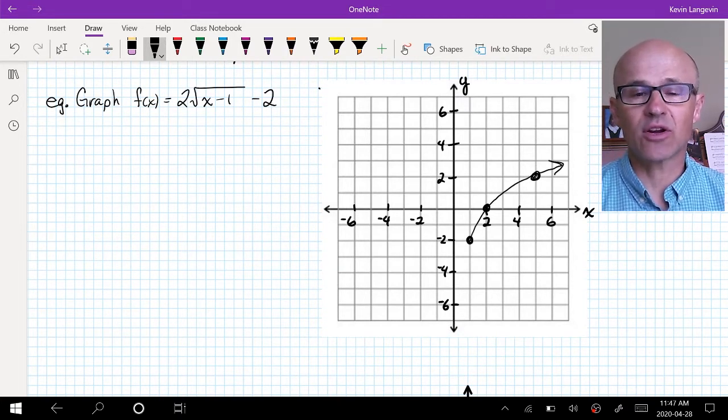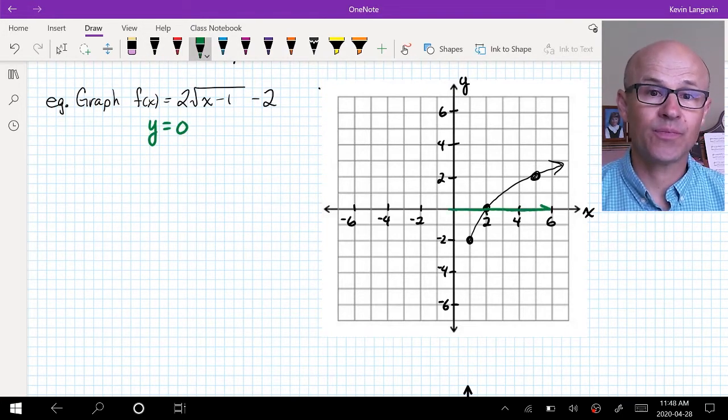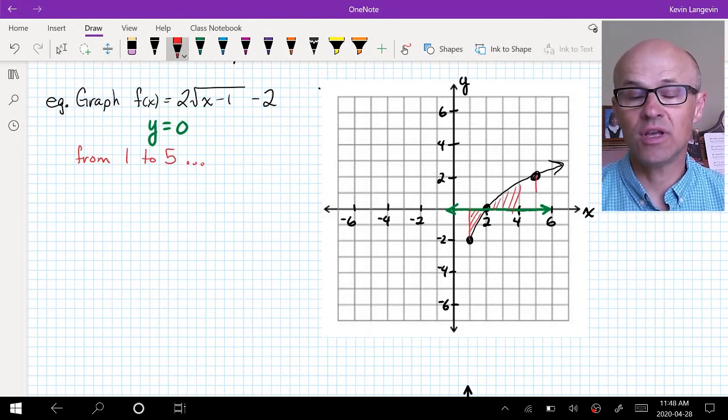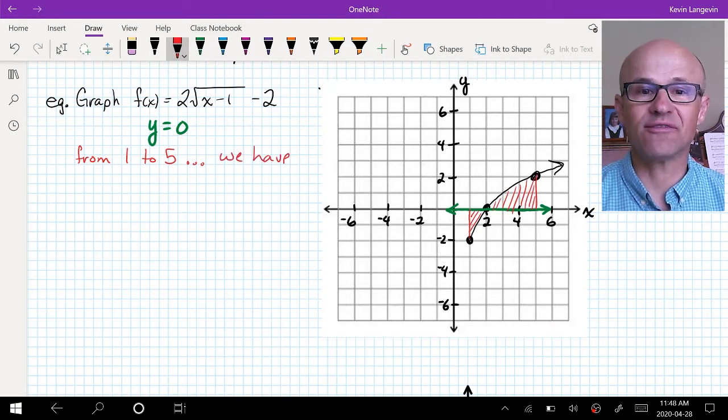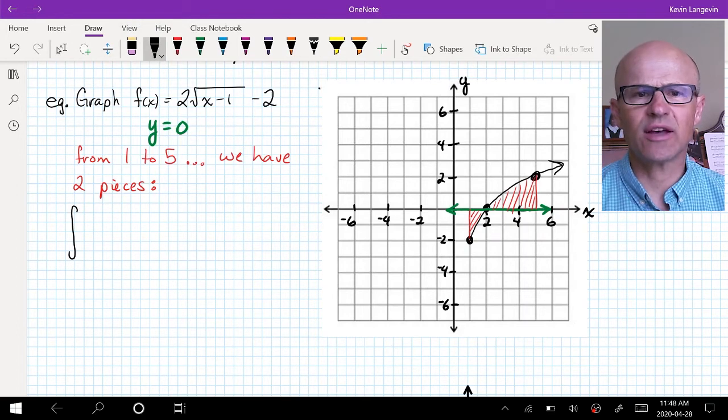Here, when I have my graph drawn, you'll notice that the y equals 0 line is above the square root curve in the first section from 1 to 2, and below from 2 to 5. So to be able to do this calculation, we have to do 2 pieces.